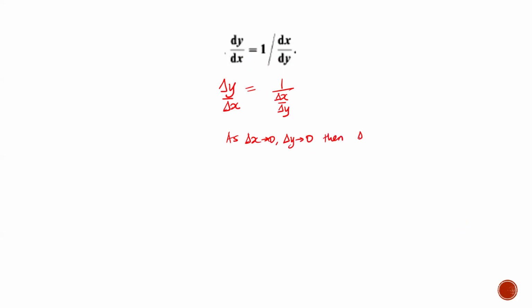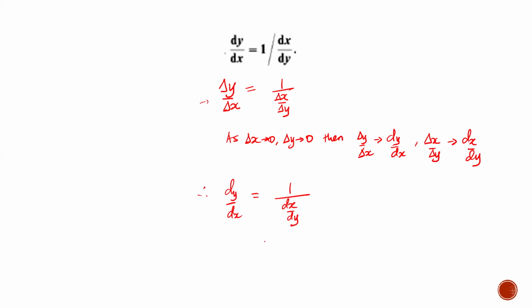Then delta y over delta x will tend to dy/dx, and similarly, delta x over delta y will tend to dx/dy. Therefore, what was originally this becomes this: dy/dx is the reciprocal of dx/dy, and vice versa.